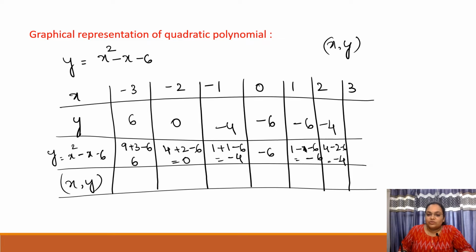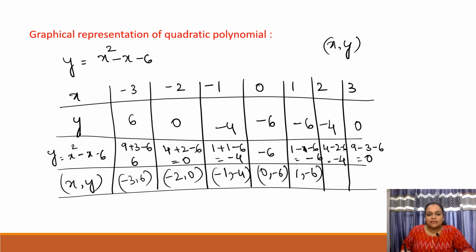When x is equals to 3, 9 minus 3 minus 6, which is 0. Now what are the x and y coordinates? Minus 3 comma 6, minus 2 comma 0, minus 1 comma minus 4, 0 comma minus 6, 1 comma minus 6, 2 comma minus 4 and 3 comma 0.